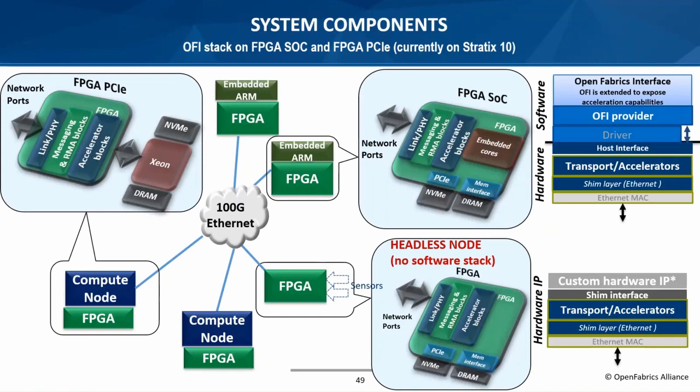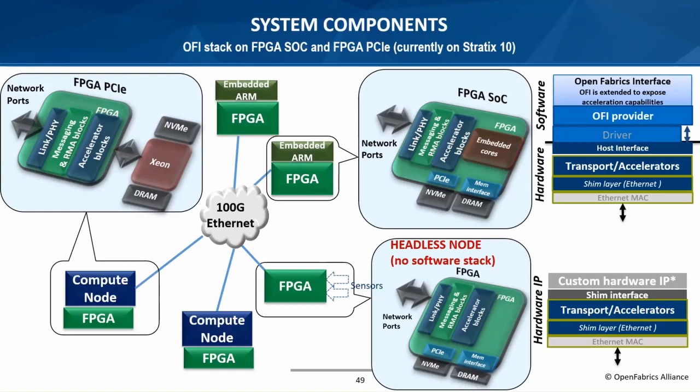Depending on the hardware platform, you have to write a different provider or make minimal changes to the underlying hardware provider. We have been able to port it to this platform as well, and from a usage point of view, it's no different. The same application can run both on the Xeon as well as on the FPGA SoC with absolutely no change, and we have validated it.